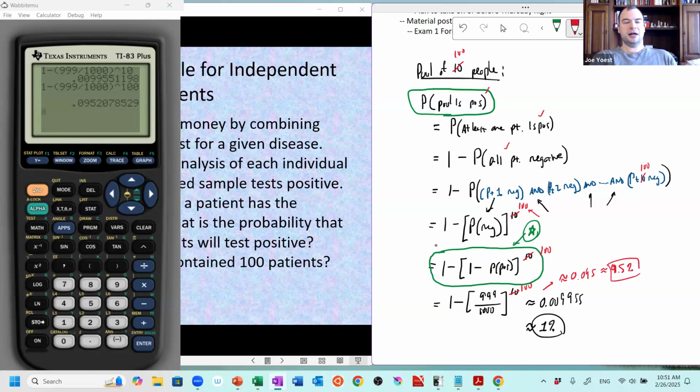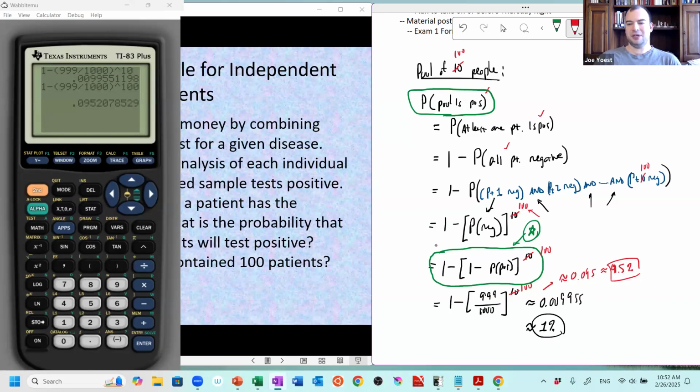So if I pool together 100 folks, on the caveat that all of the chemistry and instruments and so on were sensitive enough, I would get a 9.5% chance that my pool ended up positive. So I'd have to run 10 pools of size 100 to sample 1,000 people. Only a 9.5% chance the pool is going to come up positive.